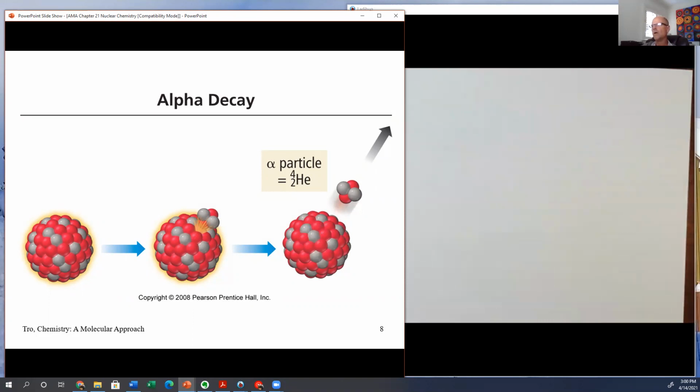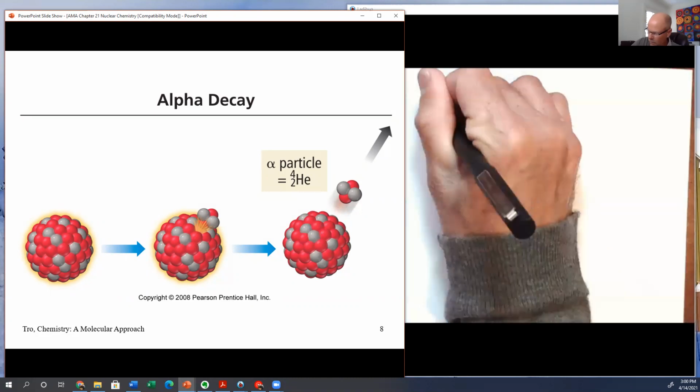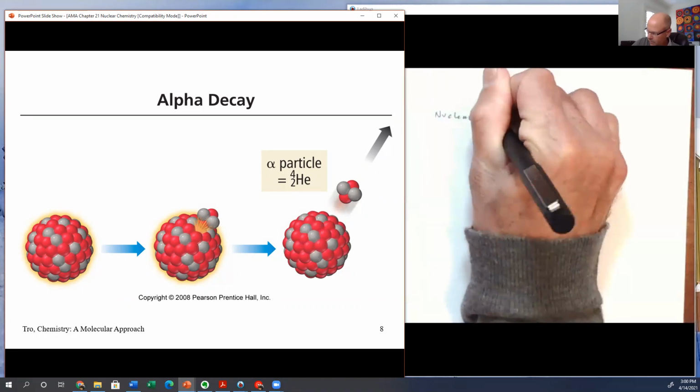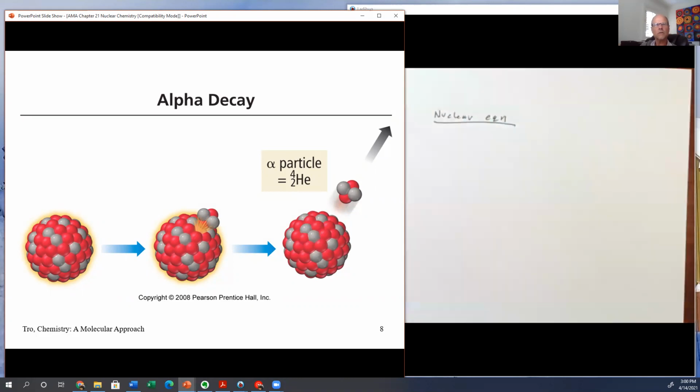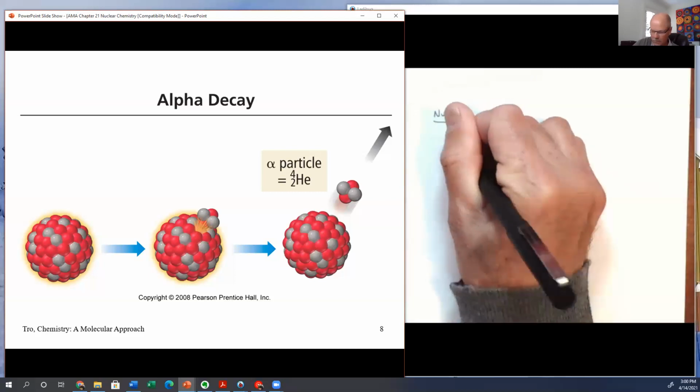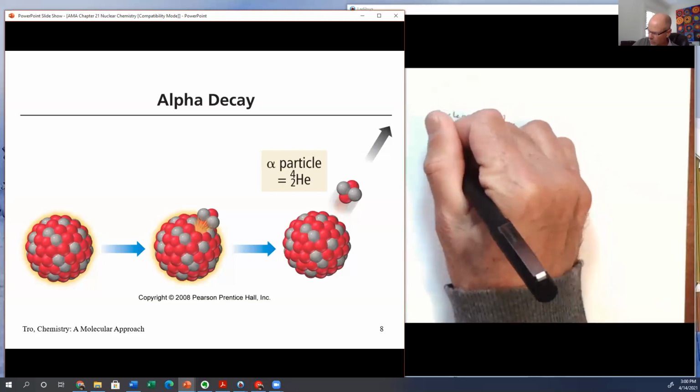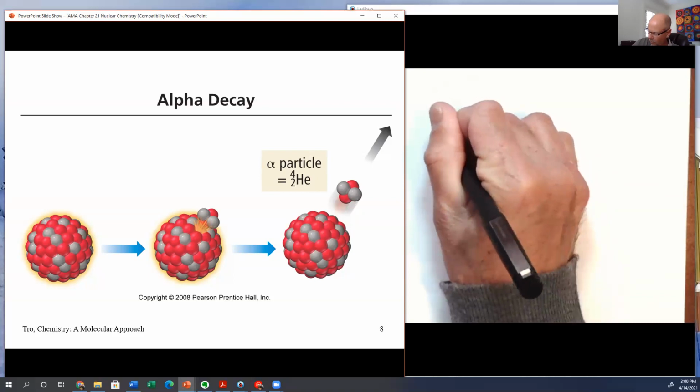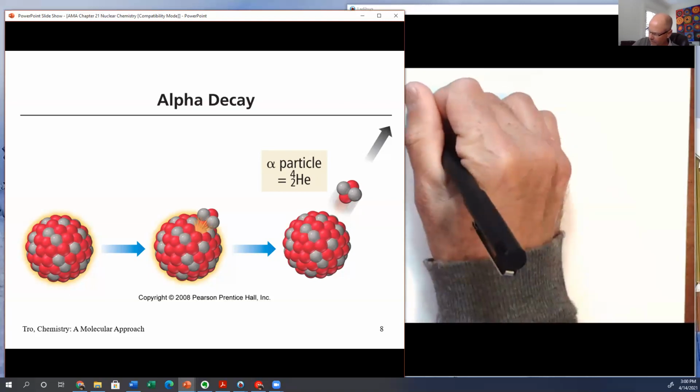We symbolize these decays with what is called a nuclear equation. A nuclear equation is to nuclear chemistry what a chemical equation is to normal chemistry. It describes these processes. So for example, here is a nuclear equation for an alpha decay.